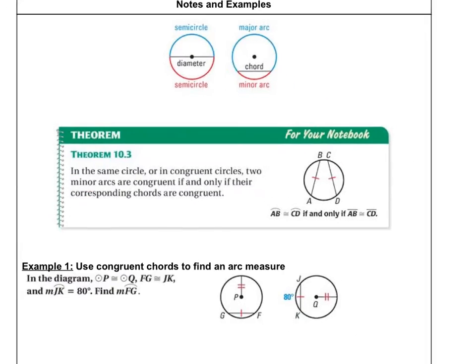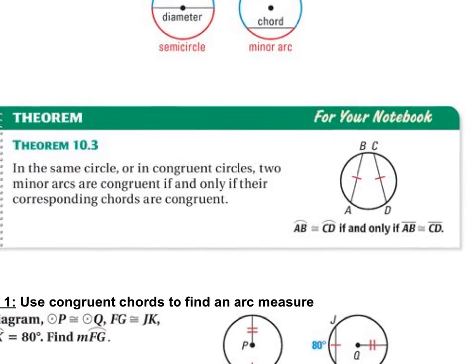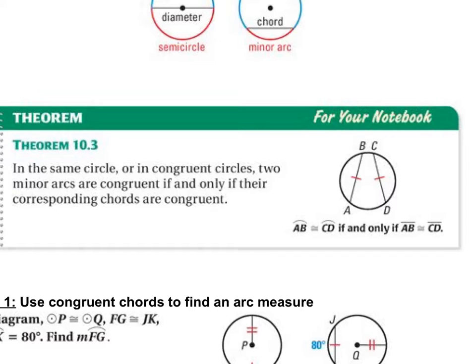Alright, so Theorem 10.3 states that in the same circle, or congruent circles, meaning you either have a circle with one marked or two circles with the same one marked, two minor arcs are congruent if and only if their corresponding chords are congruent.